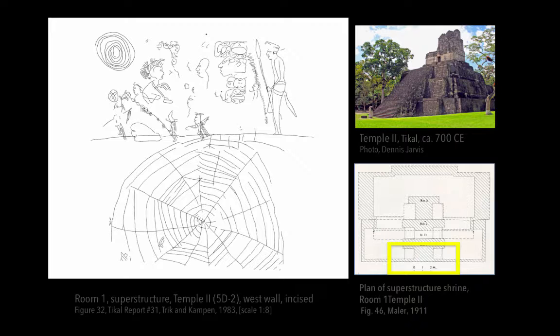The graffiti that we look at in Temple 2 is populated around the entrance to Temple 2's superstructure, and that is basically the area with the yellow square. Now, on the left side of your slide, you will see drawings of this graffiti. I wanted to talk about the upper region of this drawing, which is separated from the lower region by a line.